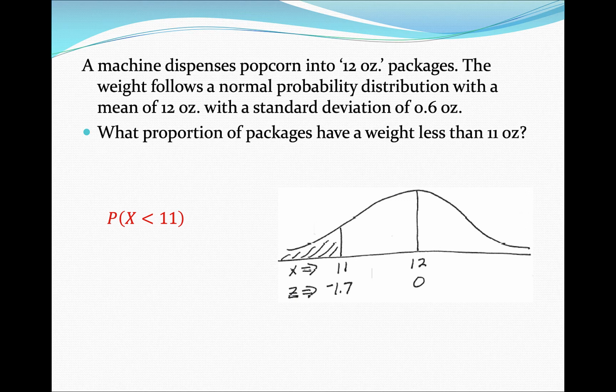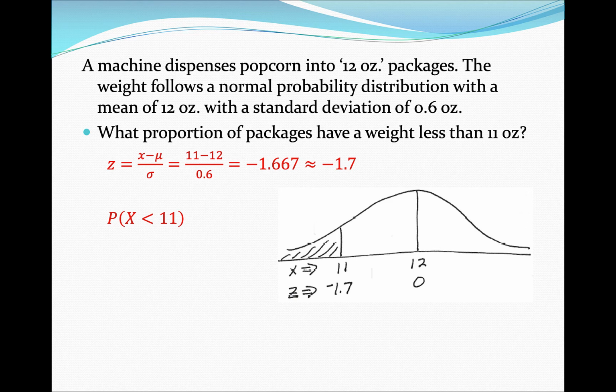I always write 0 for the mean for z because the mean is always 0 for z. But really what we need is the z value that corresponds to that x value of 11. And you can see I already have it written down there as negative 1.7. But here's how you get that value. To get the value for z, you can always use this formula. You use z equals, and I mentioned it before, but here it is written down, x minus mu over sigma.